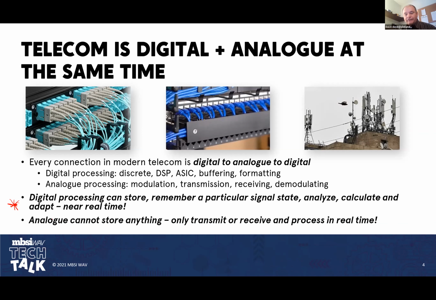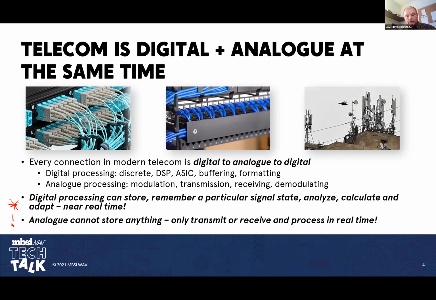Processors today are fast enough that frames come in, frames are analyzed, and frames go out, and we're talking about milliseconds of delay caused by the processing of the frame. Once we become analog and we go from a transmitter towards a receiver, analog can't store anything.